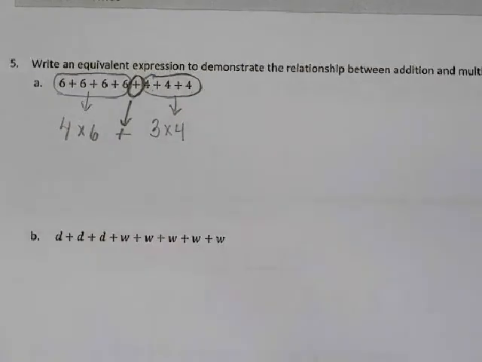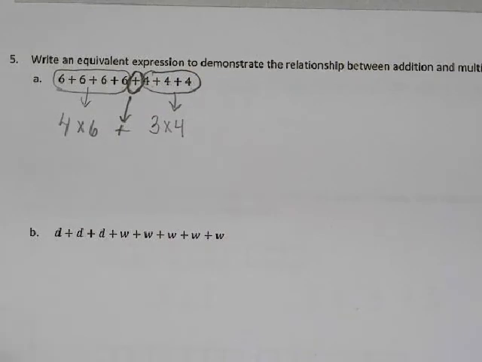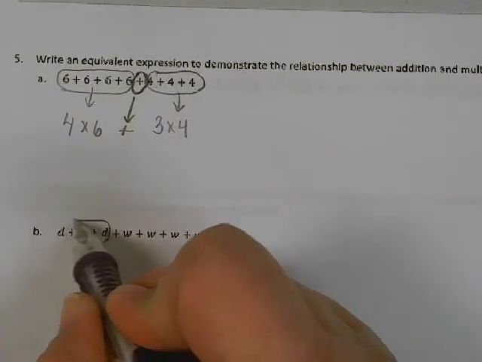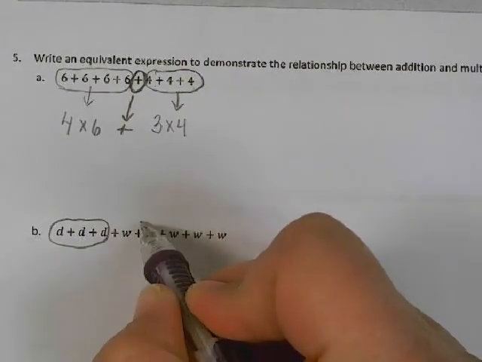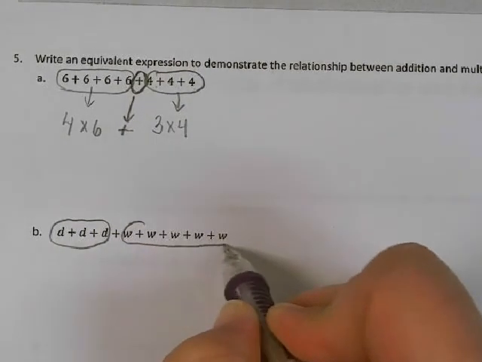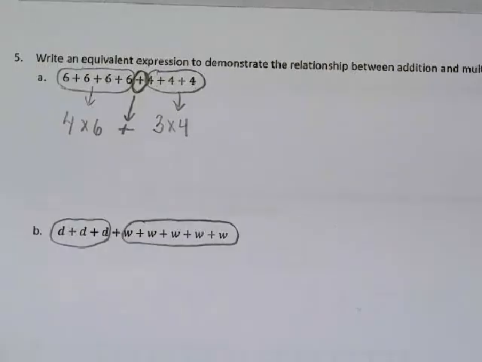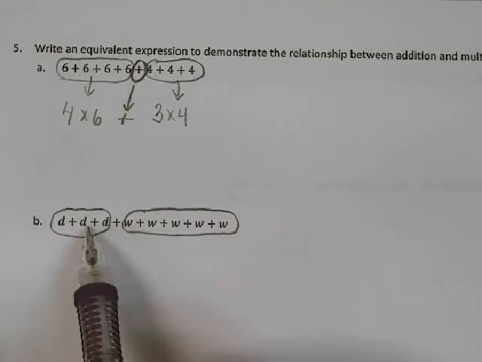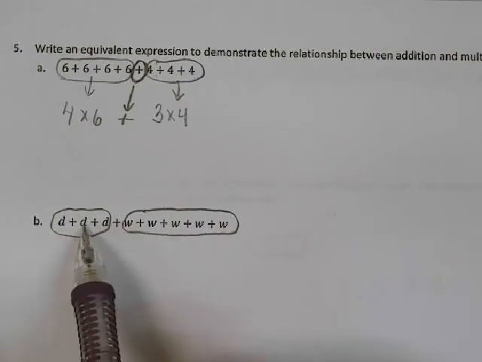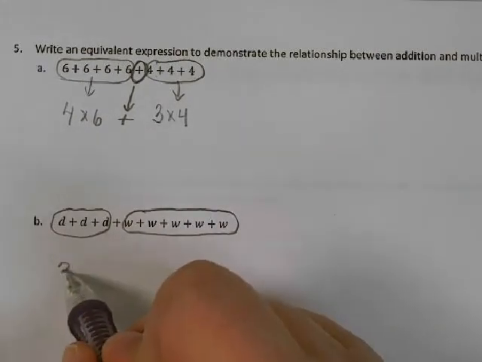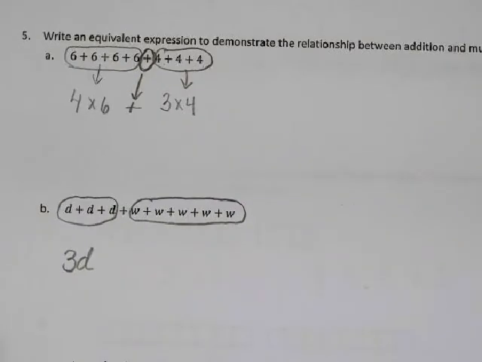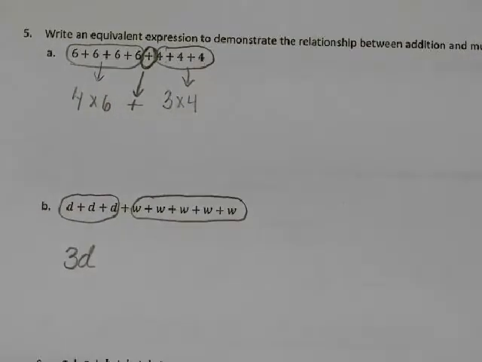Let's go on and look at B. In B, they used variables. So now I'm going to group them together by letters that are similar and include those operations that are between those letters. This time in this first one, I can see that I am using D, and there are 3 of them. So 3 groups of D. Remember, when I'm going to write groups of, I can just smash that letter and number together.